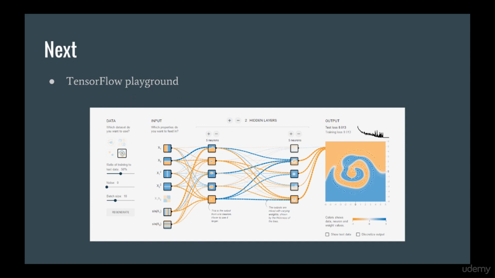TensorFlow has a great online tool for visualizing what a neural network has learned, called the TensorFlow Playground. So we are going to look at this too. As I've been saying throughout the course, it's really important to be able to visualize what a neural network is learning. So using this tool helps solidify that idea.